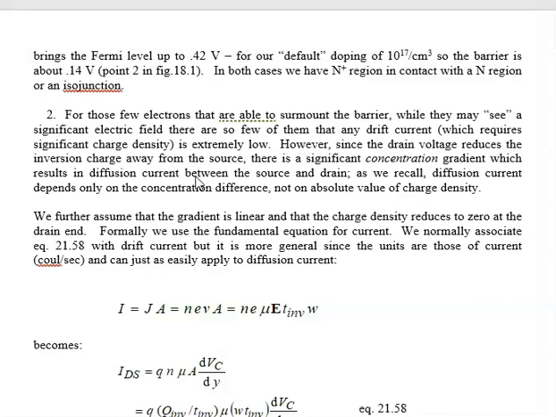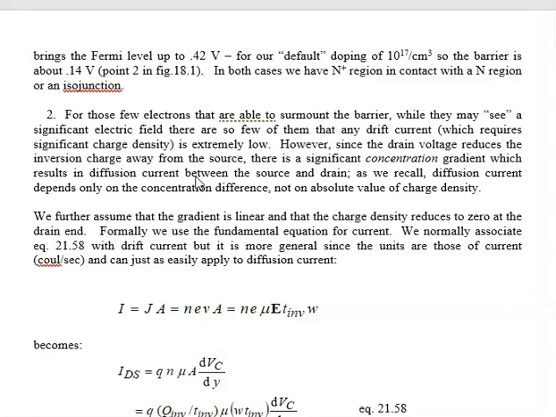So it's maximum at the source, and it's minimum at the drain, and it is that concentration gradient difference which can move the electrons not so much by drift, because there's so few of them, there's not going to be much drift, but there's going to be a lot of diffusion.